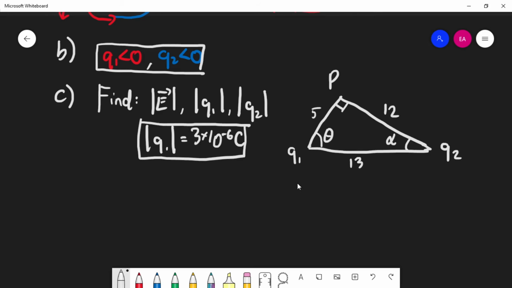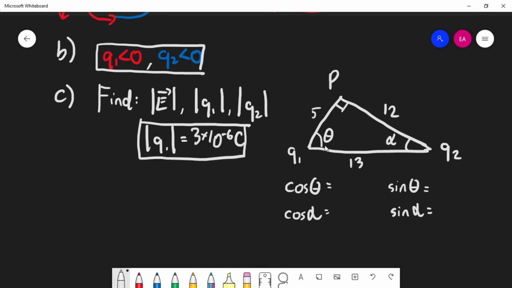Now, we would be needing these values later: cosine theta, cosine alpha, sine theta, and sine alpha. We could use our basic SOHCAHTOA to get this.